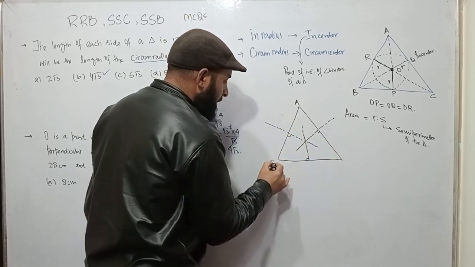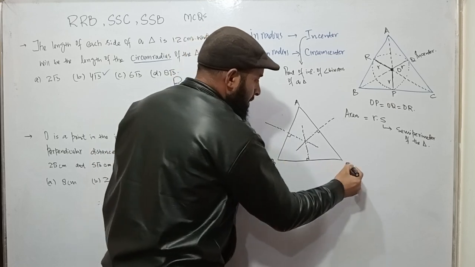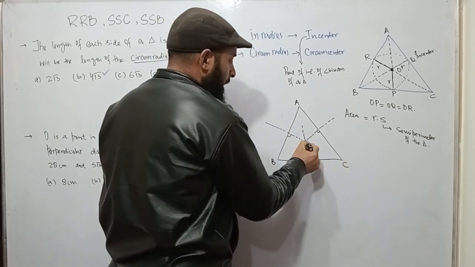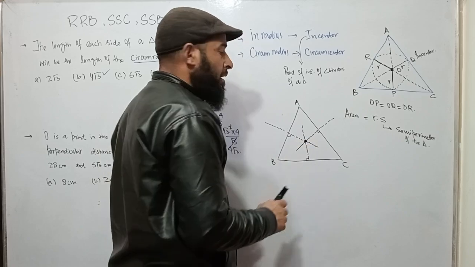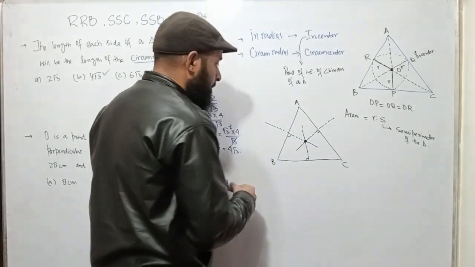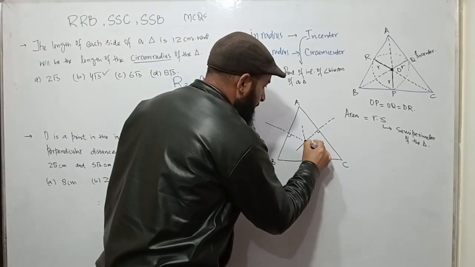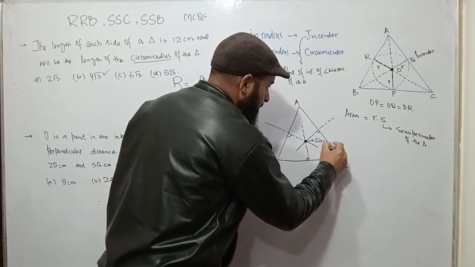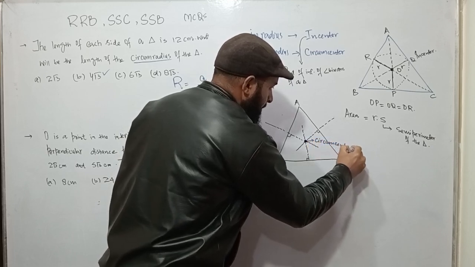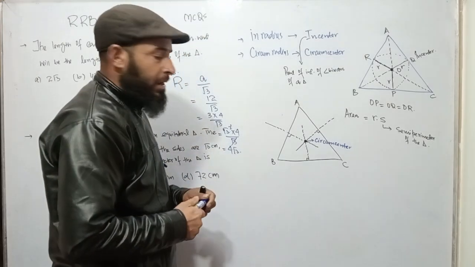Say this is A, this is B, this is C. And this point is called the circumcenter of the triangle.